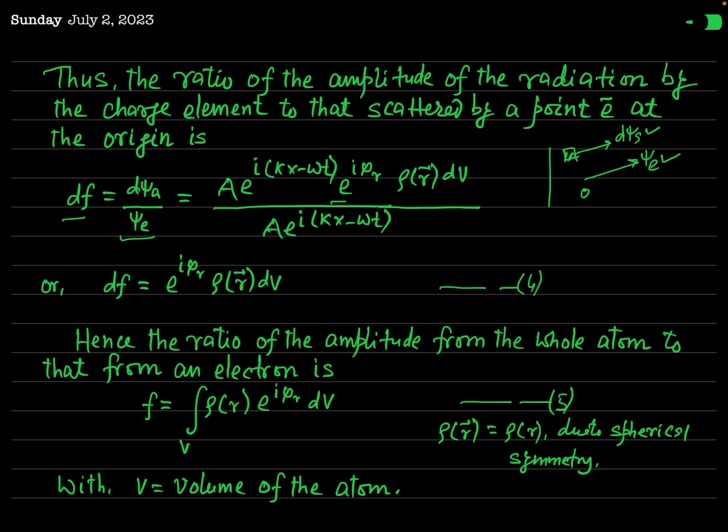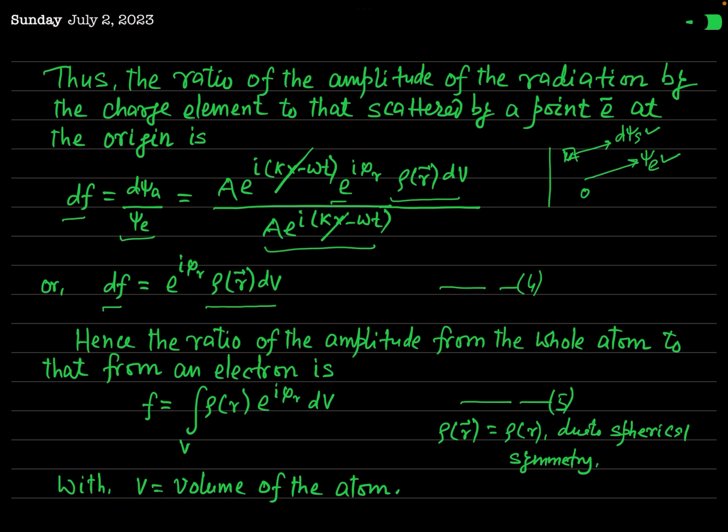And the remaining factor is rho of r dV. Now you can see this factor will cancel out with psi e, and so df is equal to e to the power i phi r times rho of r dV.